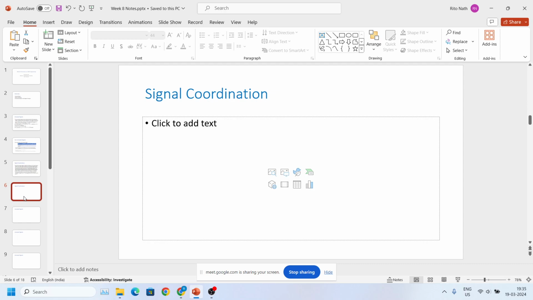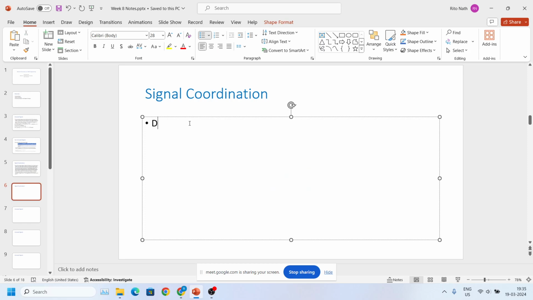Let me just recheck the data. Yeah, so the L which I am considering is the distance between signal A and signal C. This is L, and this should be 200 plus 200 meters, which is 400 meters.